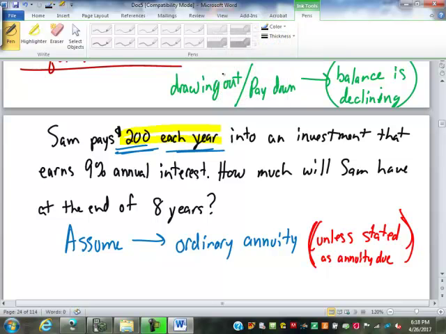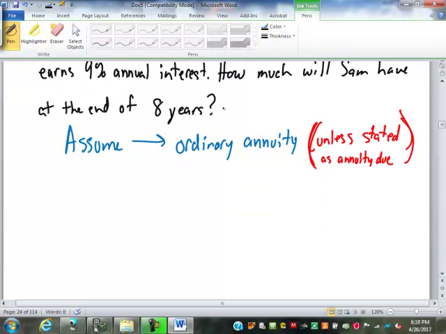The formula. Okay. There is a reason why I am starting at the very left-hand side of the page. Just a note for while you're writing this down in your notes. Give yourself some room. So we know the regular payment.